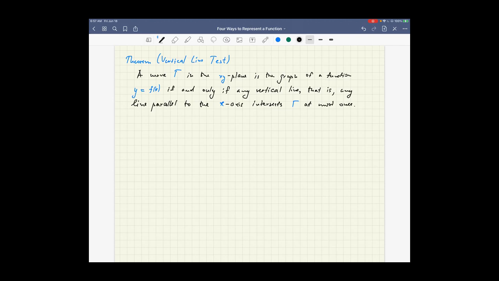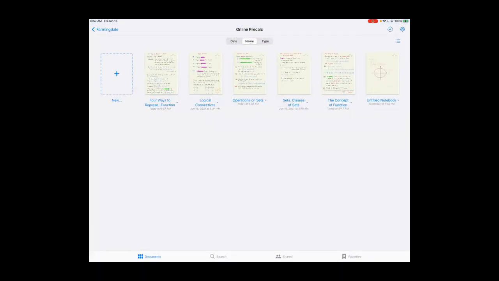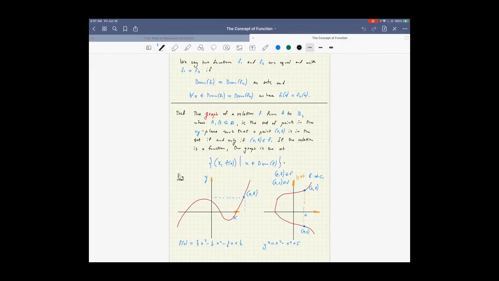The proof is optional, and it's given in the PDF that will accompany this video lecture, but I can go back to that example and talk about how this theorem applies to this example. Let me copy it.